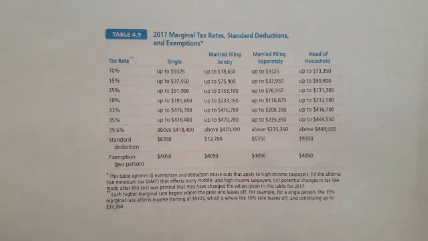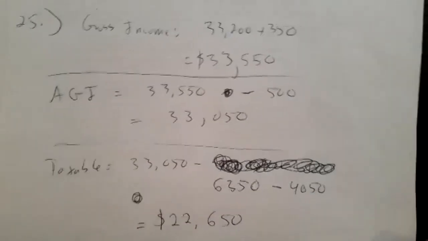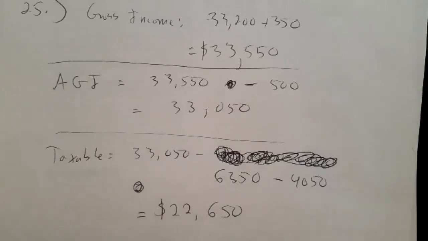Yeah, that sounds right. Right, I can't see it. What was that final number you got? Should be 22,650 is what I'm getting.